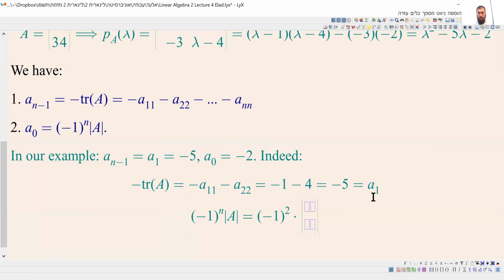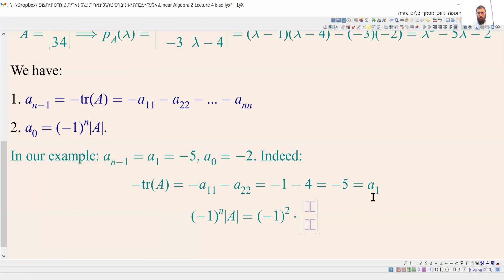The algebraic multiplicity of lambda is the maximum, the greatest k such that (x minus lambda) to the power of k divides the characteristic polynomial.